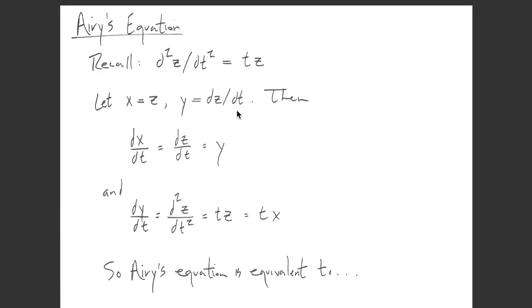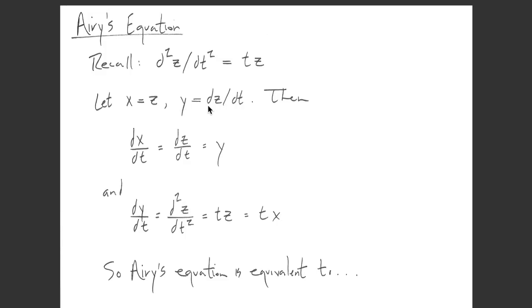And then we want to write the derivatives of x and y in terms of x and y themselves. So dx dt would be dz dt, but we know dz dt is y from our original substitution. And dy dt would be what?